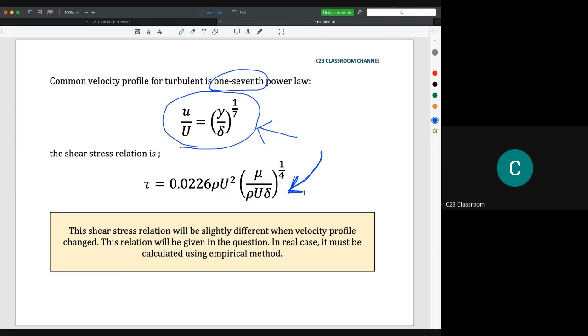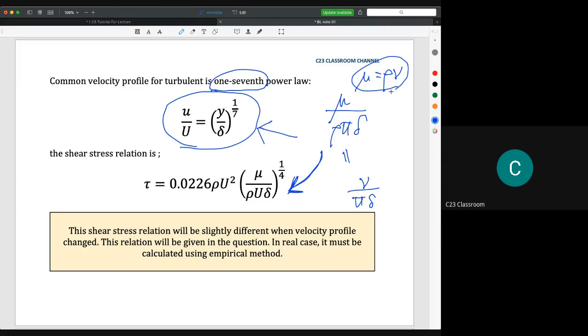In certain textbooks, they will give you mu over rho u delta, but in certain textbooks, they will give you nu over u delta. Please note that mu is equal to rho nu.